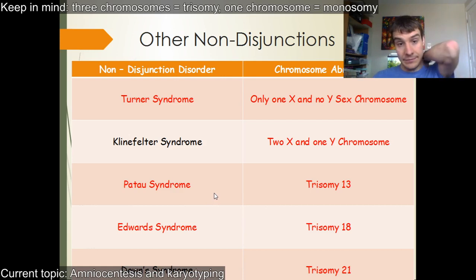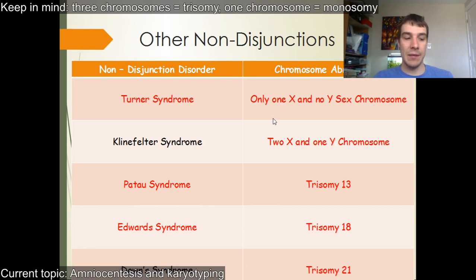But there are some that just involve the sex chromosomes. So for example, Turner syndrome and Klinefelter syndrome. Turner is interesting because there's only 1 X and there's no Y, which means that Turner is a monosomy. If you think up here, a monosomy in X. And it's, I guess, the only monosomy that's supported in humans.